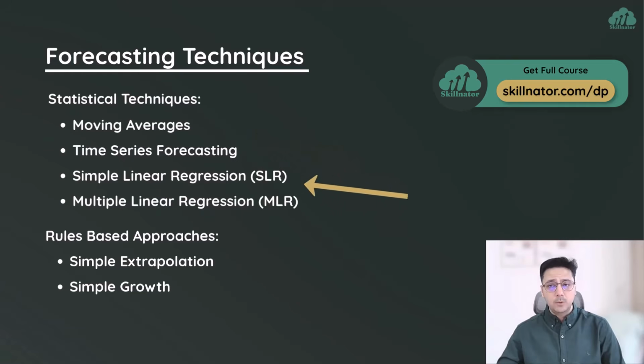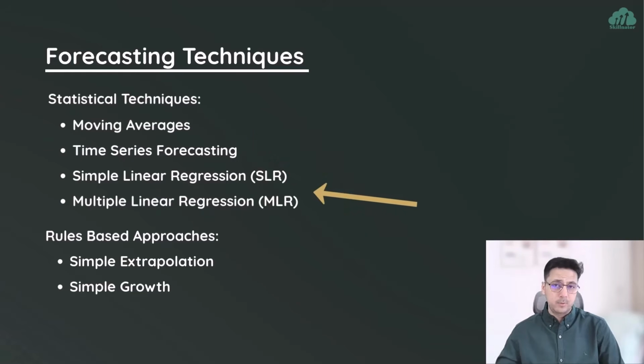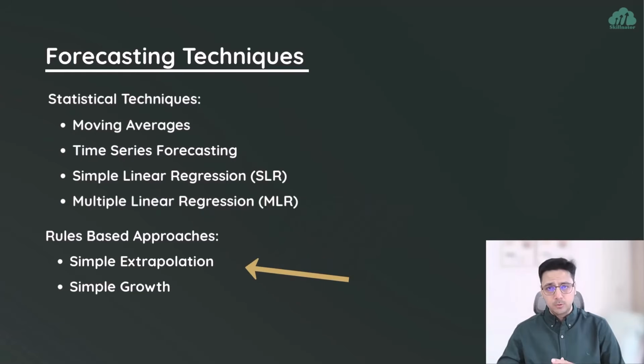Then we're going to move into regression-based techniques, where demand is linked to one or more influencing factors like price or promotions. Finally, we're going to look at simple but widely used approaches such as extrapolation and growth-based forecasting. The goal is to help you understand how different forecasting techniques work, what assumptions they rely on, and when each technique makes sense in a demand planning context.